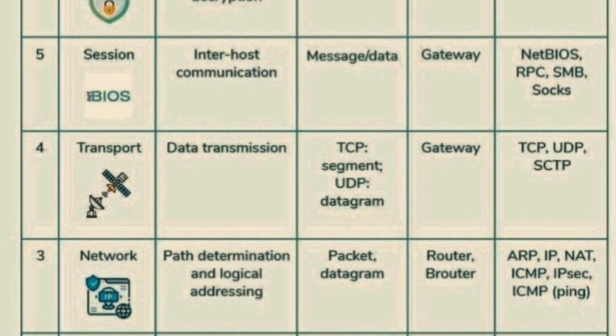I will reserve this place, the position, the allocation. You will be allocated some place in the train, right? So this is nothing but path determination, problem solving and logical addressing. What is logical addressing? You selected one train and you were allocated to that train by reserving the ticket.